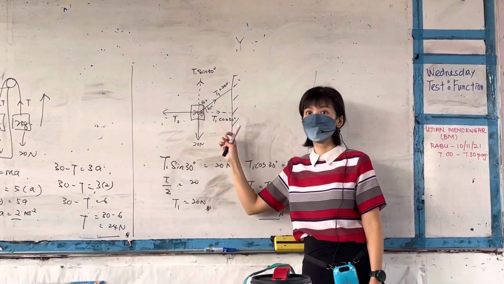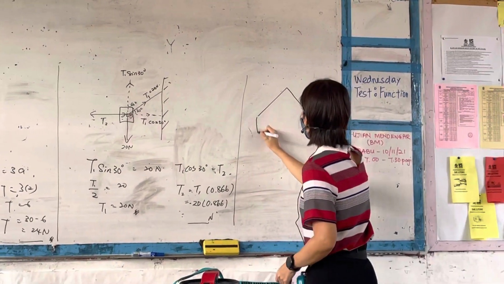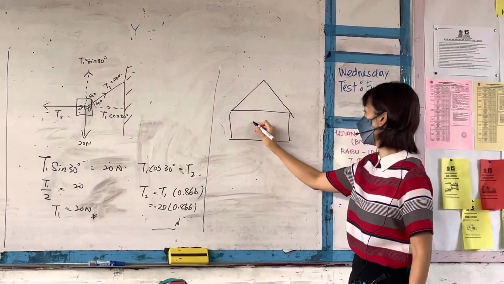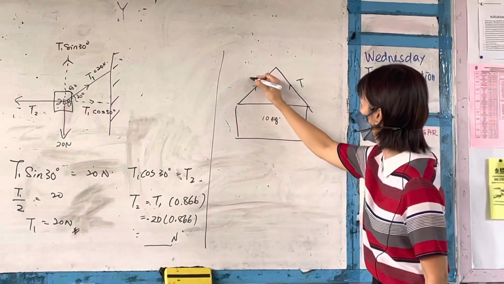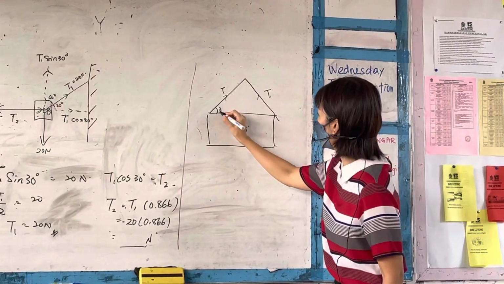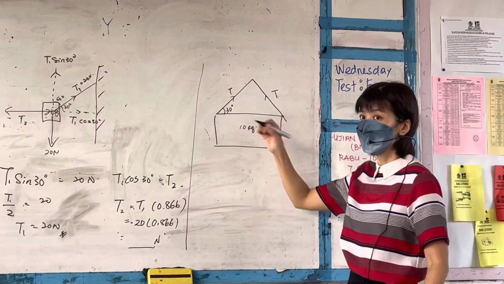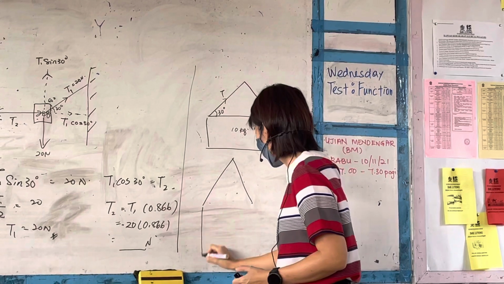Another question that is normally asked is, how are you going to hang your picture? If your picture is like 10 kg, what is the string tension here? If you hang it with different angles, it can be 30, it can be 60, it can be 45. Normally the question will give you something like this. You hang it like that.